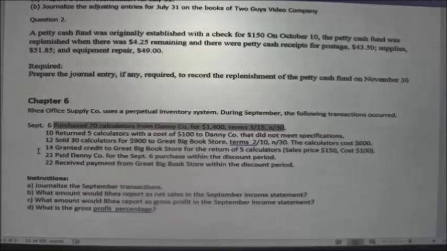September 10th. Returned 5 calculators with a cost of $100 to Danny Co. that did not meet specifications. So they returned calculators back to Danny Co. All that means is, when it's a purchase, my inventory gets reduced and the amount that I owe them is reduced.